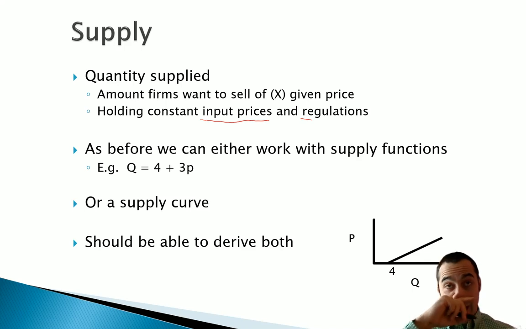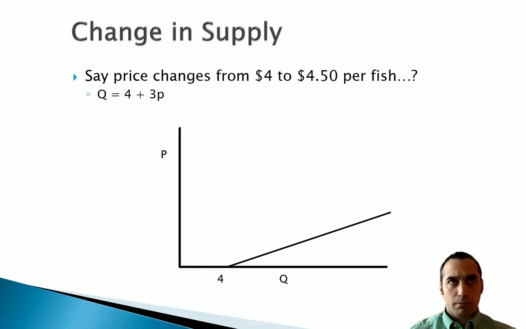Also, as we could with quantity demand, either work with a demand function or a demand curve, we can do the same with supply. And we can go through the same exercise of mapping between mathematical equations and graphical diagrams, but I will say that doing this with quantity demanded was good enough. And as before, we can also think about different changes.